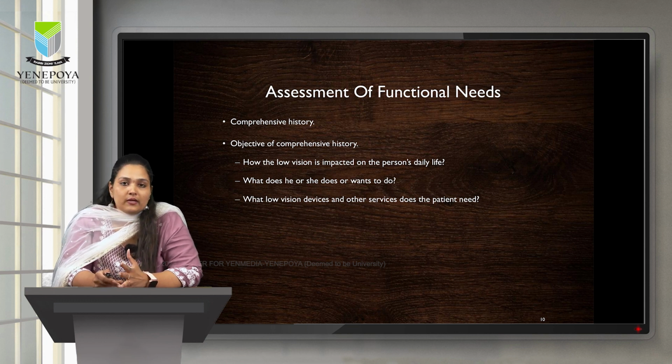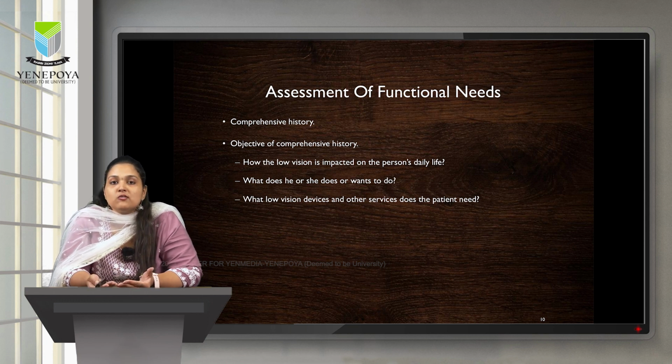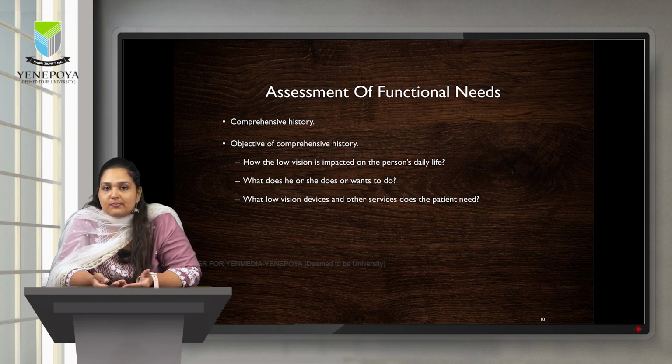Every time with my low vision patients, I first introduce myself, and instead of directly asking them what ocular condition they have, I never do that, because before they come to me they might have gone to so many ophthalmologists, and repeatedly they will have heard the same condition, that you have glaucoma, you have retinitis pigmentosa, or you have macular degeneration.